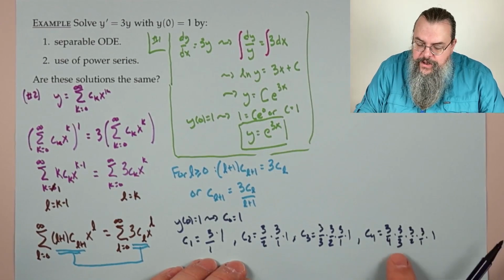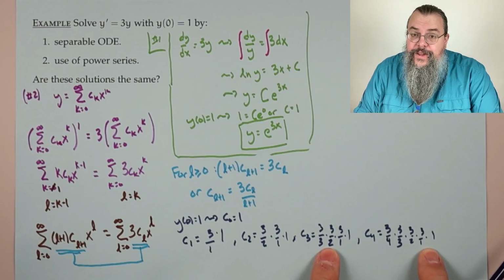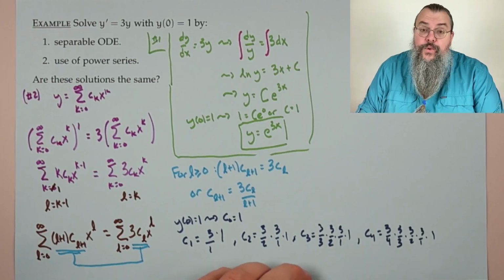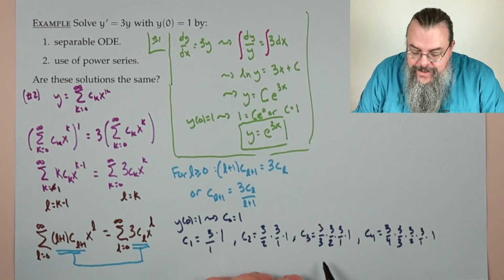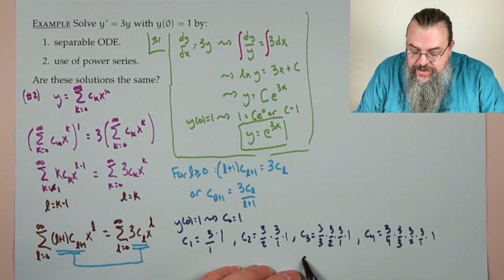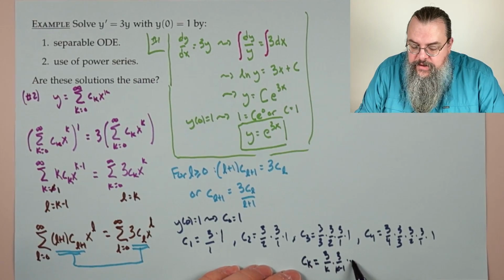Now you might say, wait, where did all that come from? All of that is C3. And now at this point we're like, ooh, there's a pattern here. So in general, C sub K is 3 over K, 3 over K minus 1, down to 3 over 2, and 3 over 1.